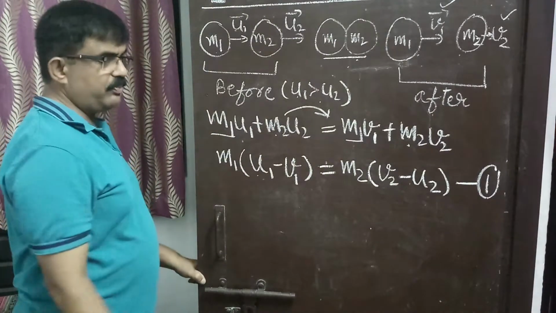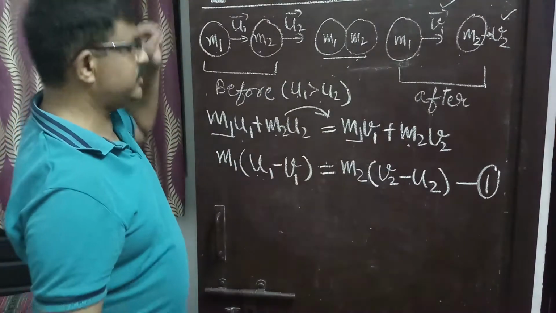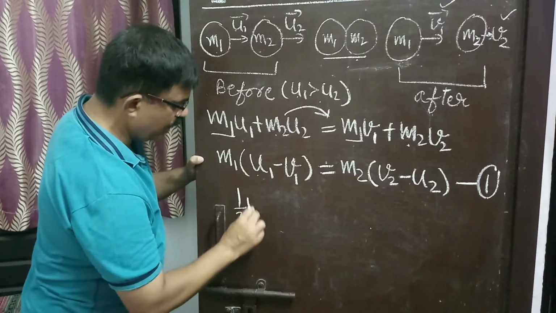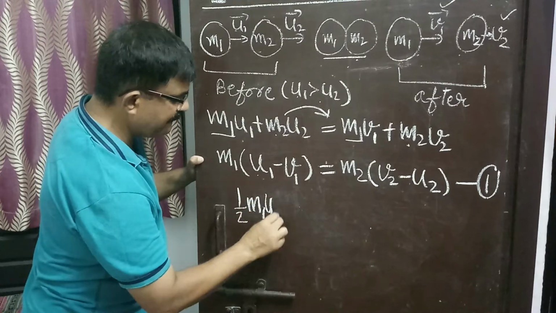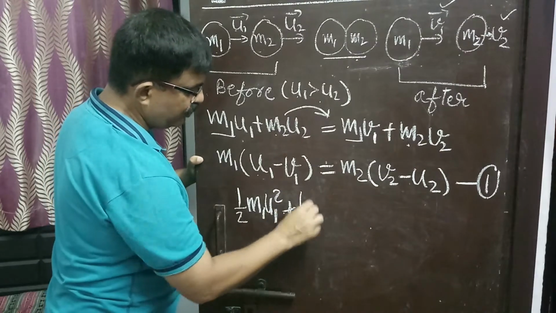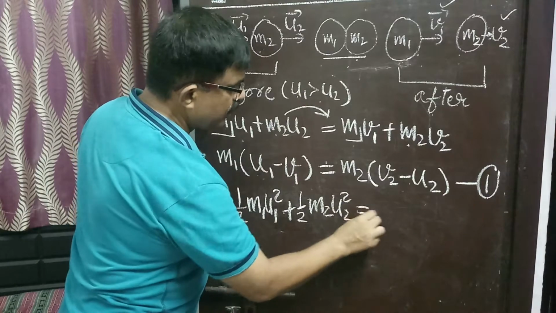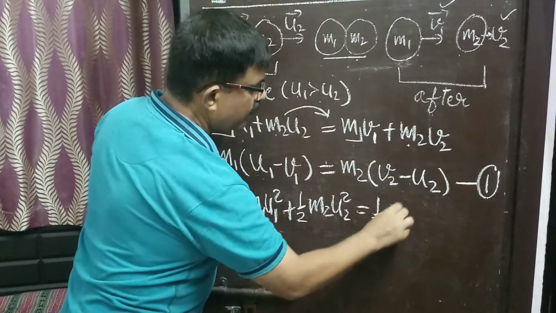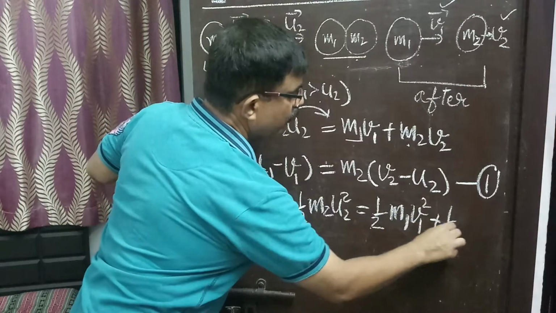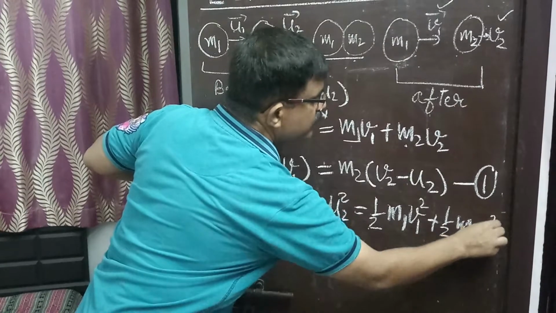Now you observe momentum is conserved, as well as in elastic collision kinetic energy will be conserved. So kinetic energy of first body 1 by 2 m1 u1 square plus second body 1 by 2 m2 u2 square equals 1 by 2 m1 v1 square plus 1 by 2 m2 v2 square.